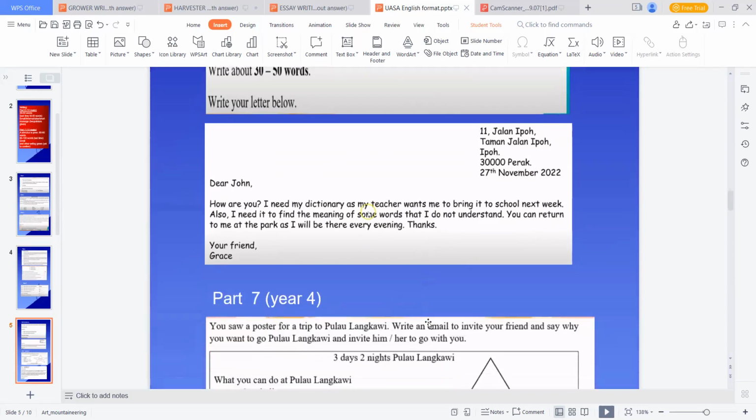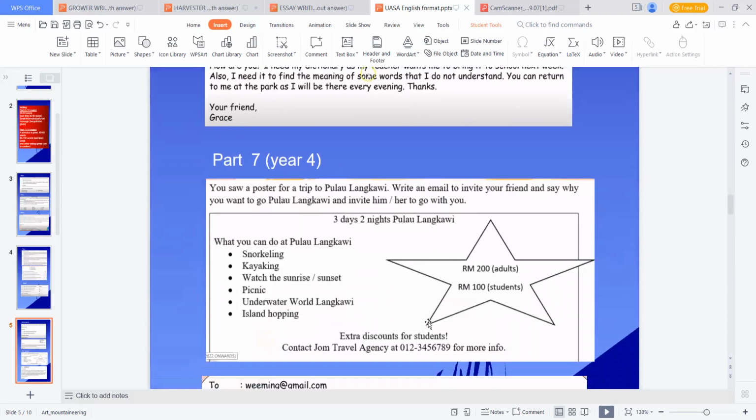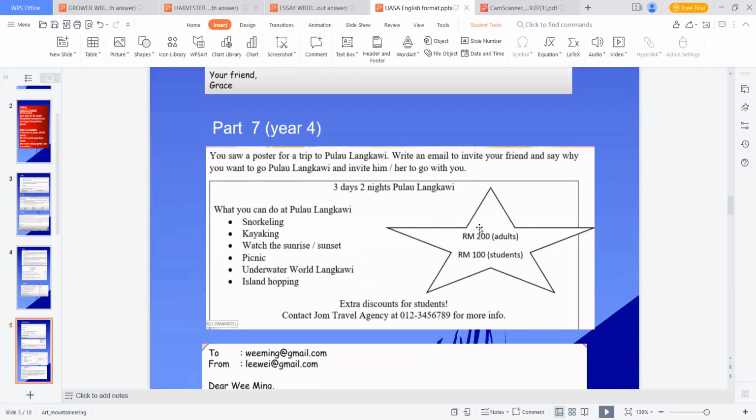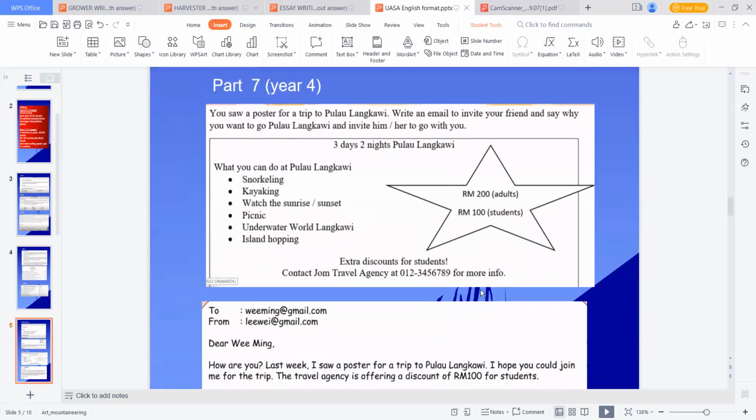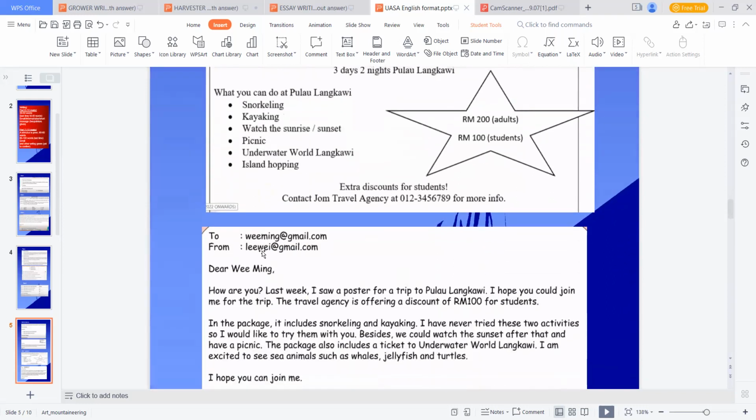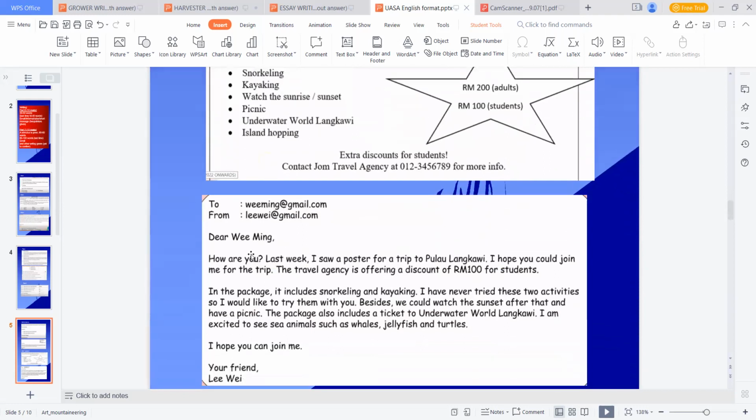As for part 7, Year 4, there will be a stimulus given and also information given for students to write about. Now, this one is the email. It says write an email. So this is the email format: to, from, and dear, and the content itself, and the sign off.